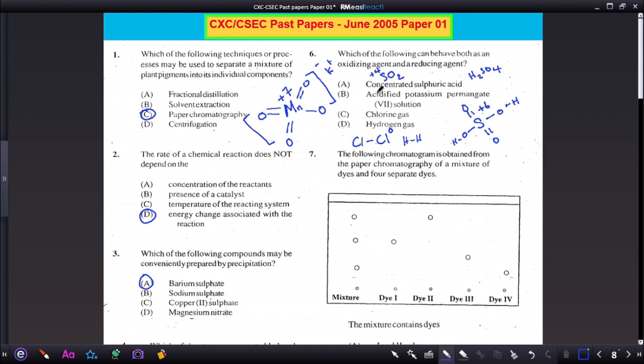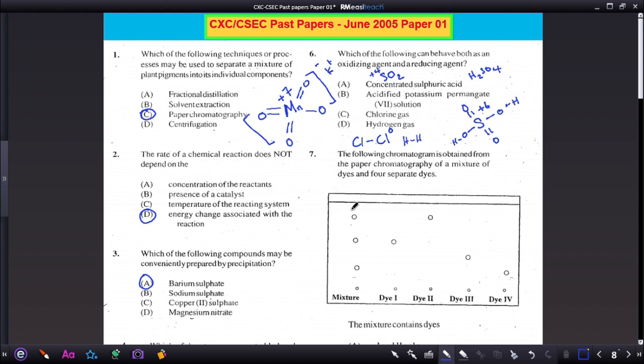Sulfur can lose up to another 2 electrons to form +6, or it can gain electrons to form elemental sulfur, giving up the oxygen atoms to undergo reduction. So I am definitely not sure what the option should be here, so I leave that blank.